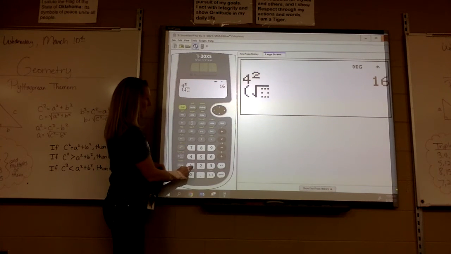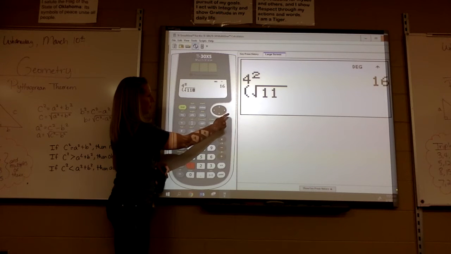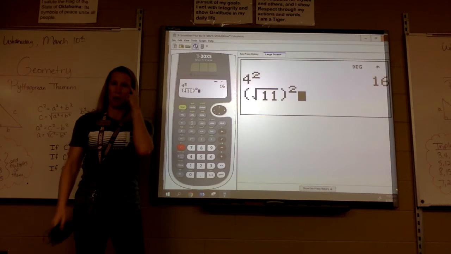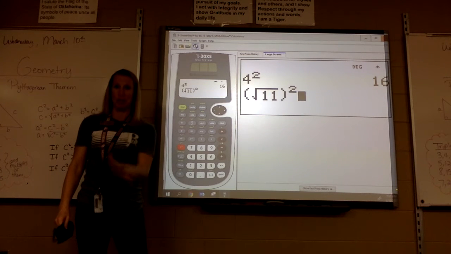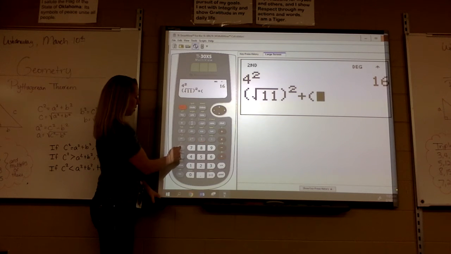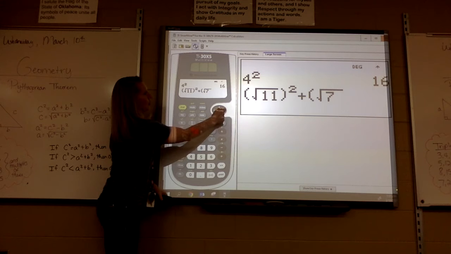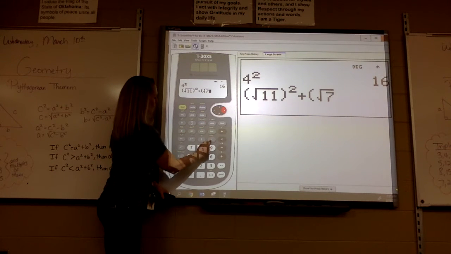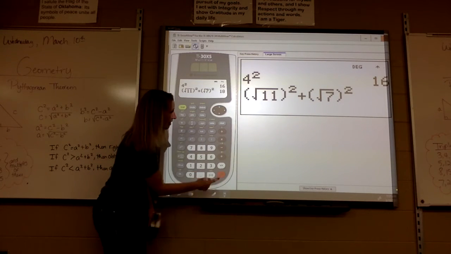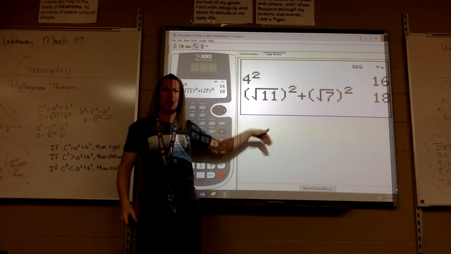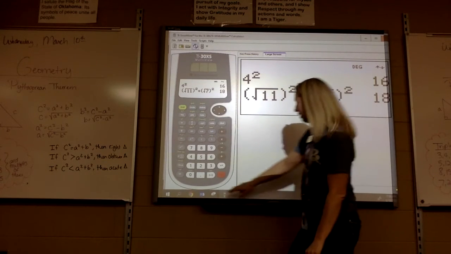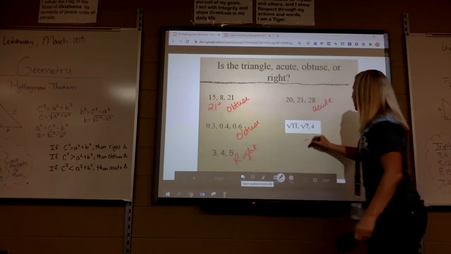Or you can just remember that radical 11 squared is really just 11, and then plus radical 7 squared. So it's really going to be 18. Because radical 11 squared is really 11. Anyway, the c squared is smaller, so what would that be? Acute.